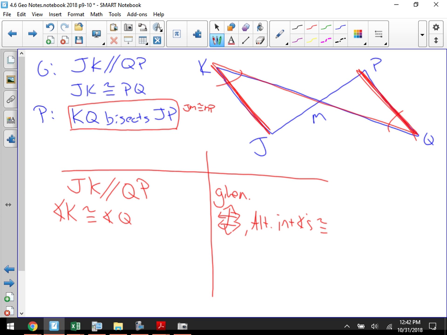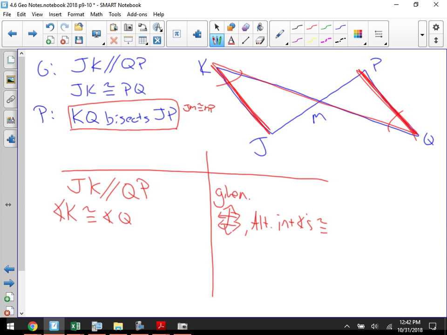We could say something about those because we see that. Or we could say, is JP also a transversal? I could trace that one and do another set of alternate interior angles. Does it matter which one I choose? It really doesn't. So, do you guys want to do vertical angles then?